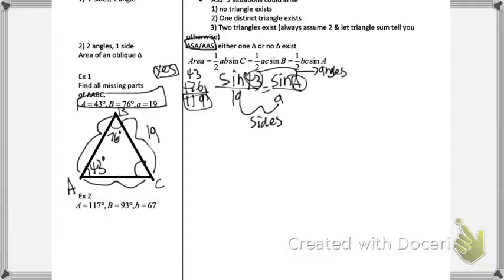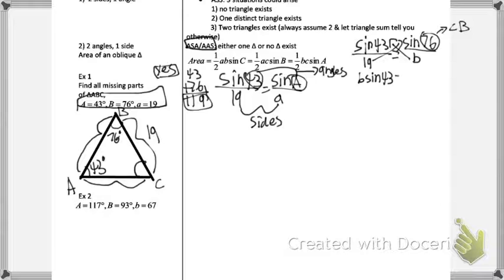So over here towards the side: sine 43 over 19 equals sine 76 over b, where 76 is angle B. Let's cross multiply: b sine 43 equals 19 sine 76.